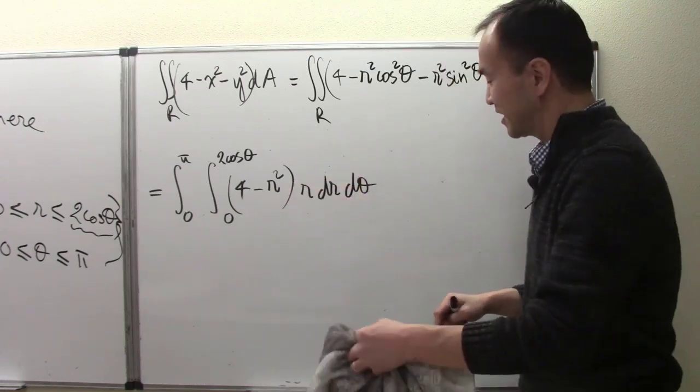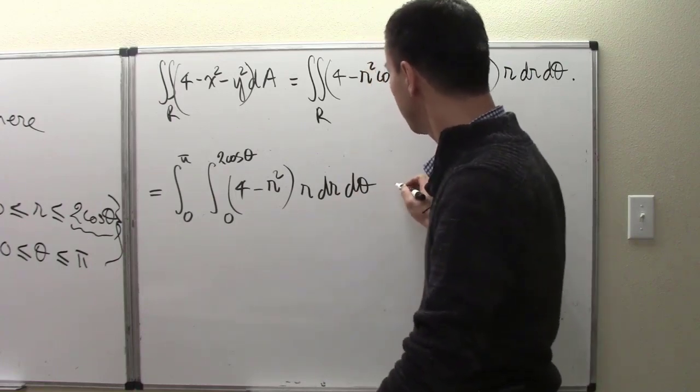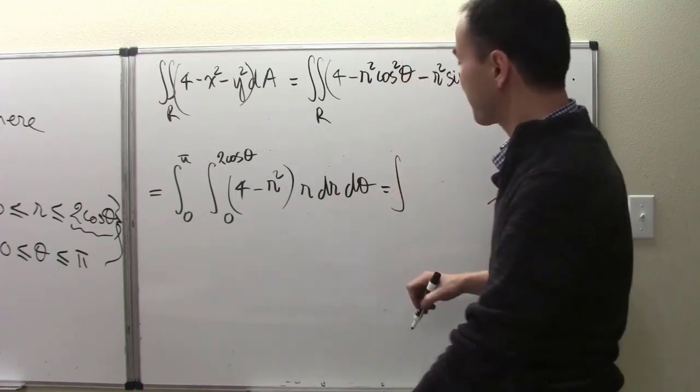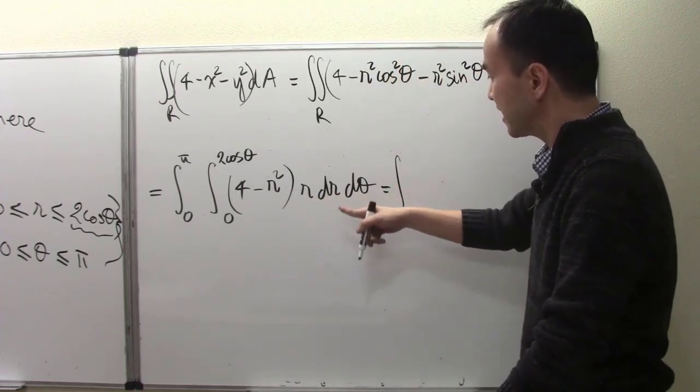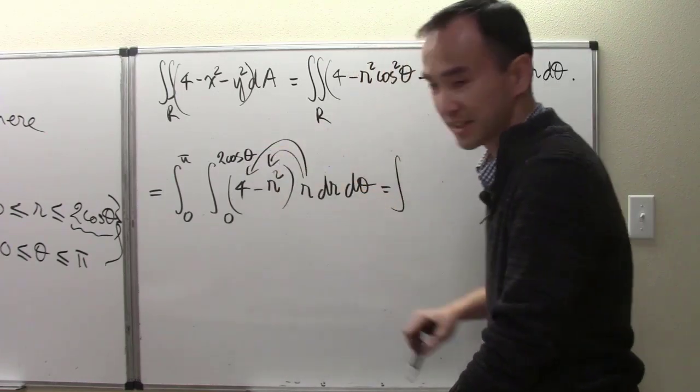And so now, when it gets to this point, yes, we can go ahead and integrate this. Integrating with respect to r, and before we proceed, we can multiply that r to each term there.